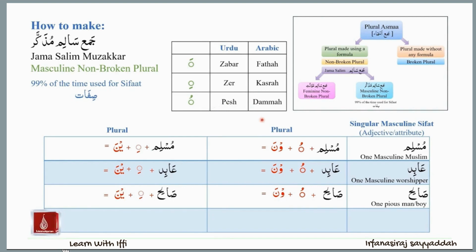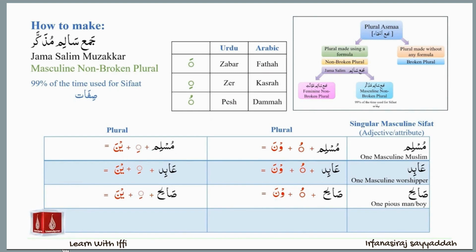So if we look at the example of Muslim, in order for Muslim to be converted into its non-broken plural version, we will take Muslim and we will add a damma on the last alphabet followed by waw and noon fatha. And similarly, we will take Muslim and add a kasra on the last alphabet followed by ya and noon fatha at the end.